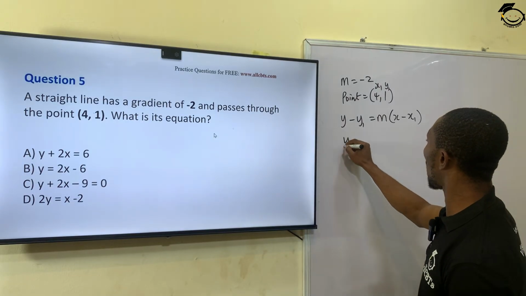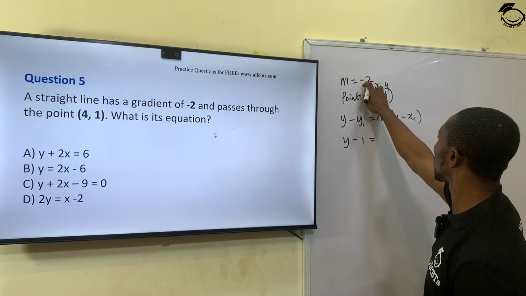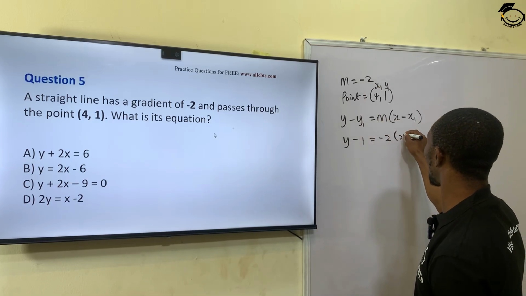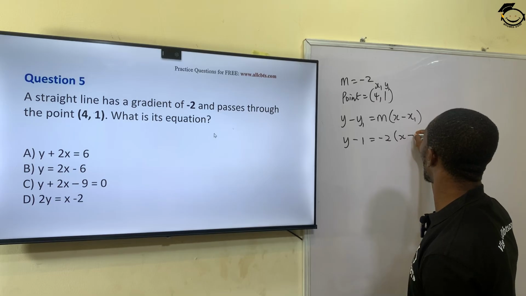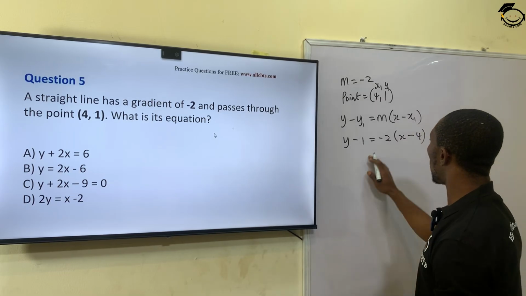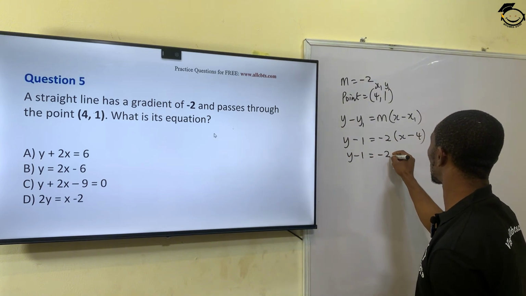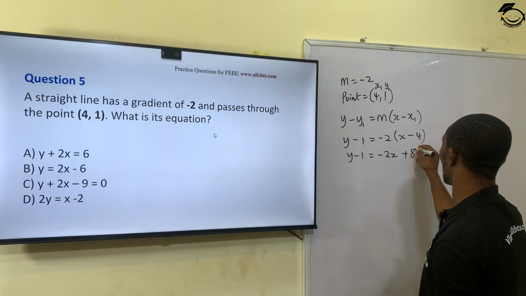So this becomes y minus 1 equals m, which is gradient -2, bracket x minus 4. Now opening up this bracket, this becomes y minus 1 equals -2x plus 8.